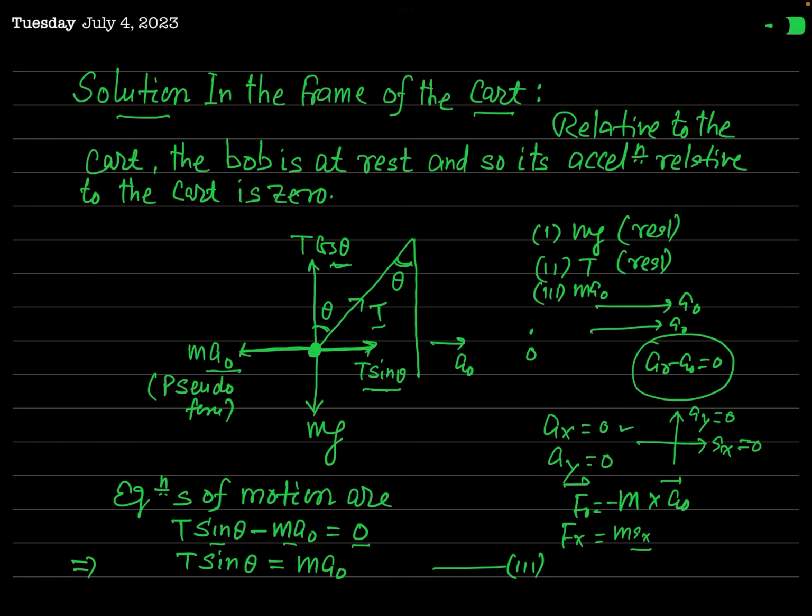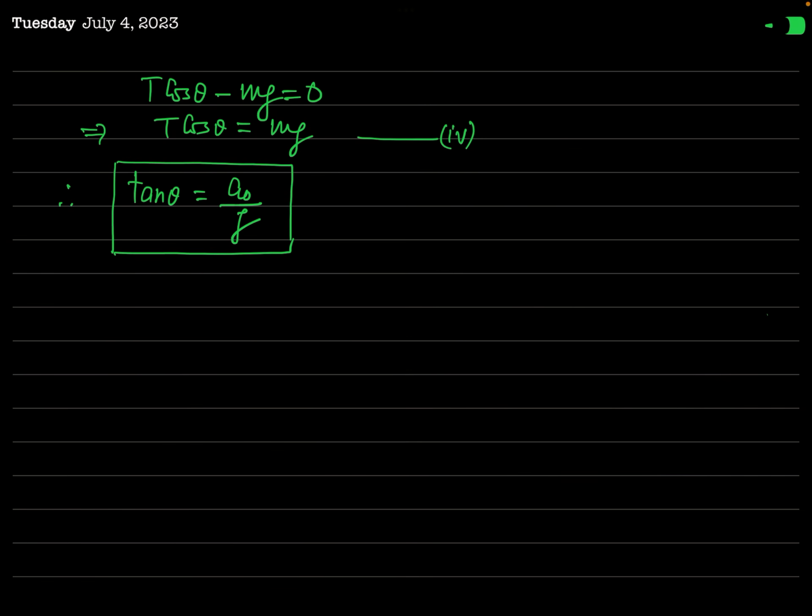So T sin theta equals ma naught. Similarly, in the vertical direction the net force is T cos theta minus mg, and there is no acceleration in vertical direction, so this is 0. So T cos theta is mg. Dividing T sin theta by T cos theta, your result will be tan theta equals a naught by g.